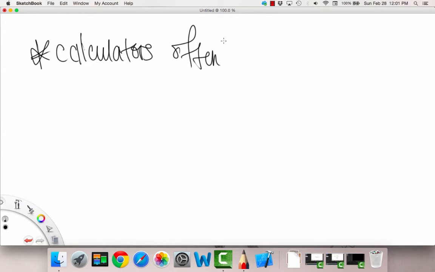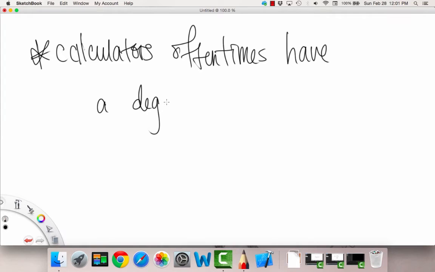And a final note to make is that calculators oftentimes have a degree, DEG, or radian, RAD, mode, in which you can switch between degrees and radians.